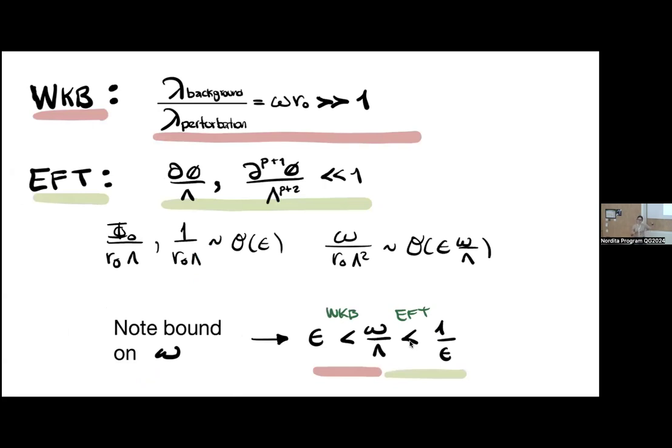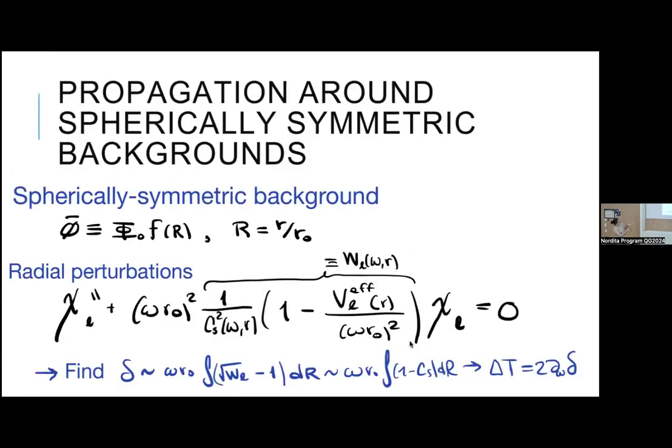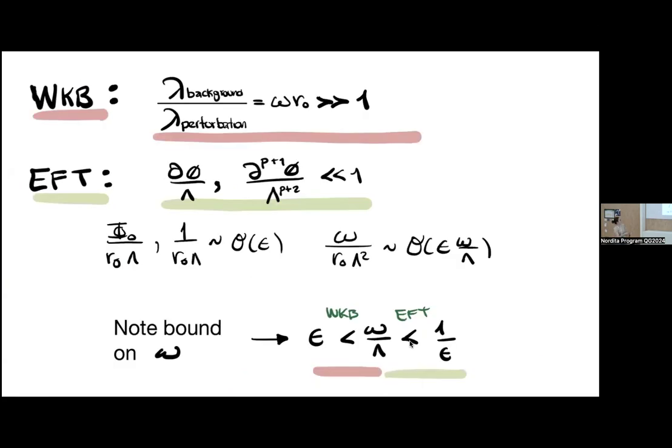Now, to clarify again, you have to stay within the regime of validity of the EFT and the WKB regime. So you need these omega R0 scales to be very large, but you also need these operators to be suppressed from the EFT, which means, in terms of the dimensionless scales that I introduced before, here, this phi0 is just the amplitude of the background, and R0 again is the scale of the background.